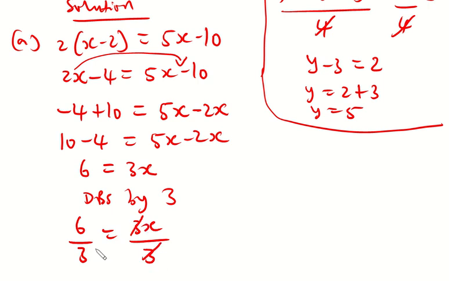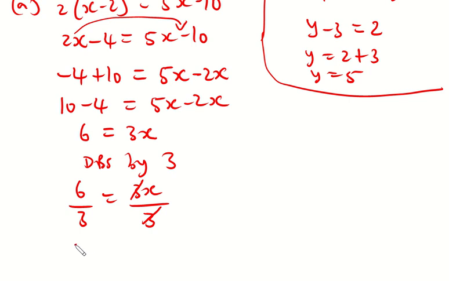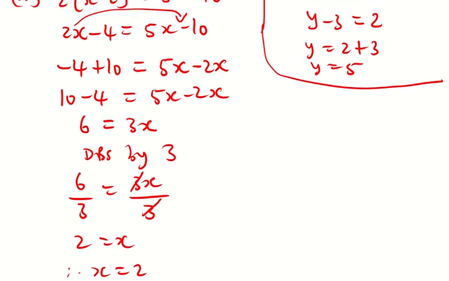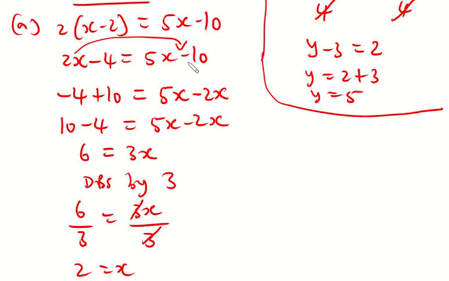So 3 cancels 3, and 3 into 6 will give you what? 2. So you have 2 is equal to what? X. And then you say, therefore your x is equal to what? 2. So you see, you don't always have to have your letters on the left-hand side. Like I did in this example, I left it on the right-hand side.